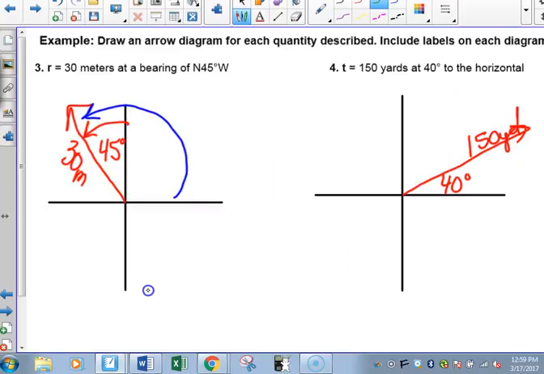Where were we at? Number 3? Okay. What do we want to use if we want to just use our shortcut method here? 135, yes. 90 plus 45.